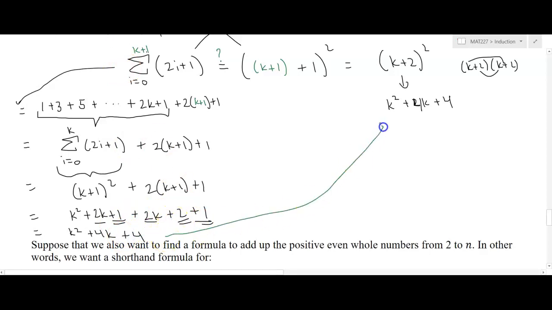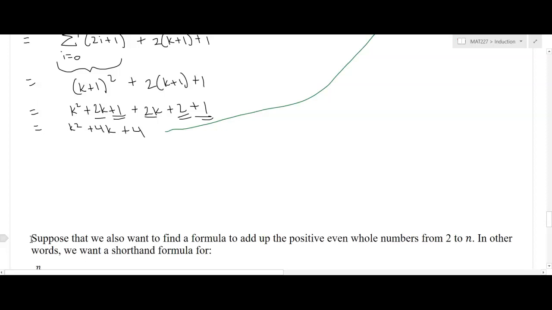We showed that the two sides are equal to each other. We broke down this summation into k squared plus 4k plus 4. The right-hand side, which we were checking to see if it would be equal to, is also k squared plus 4k plus 4. Therefore, here's what we can say.